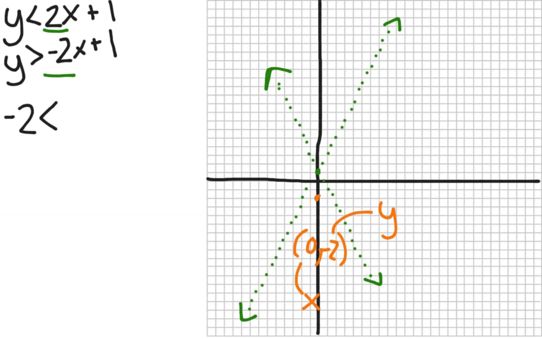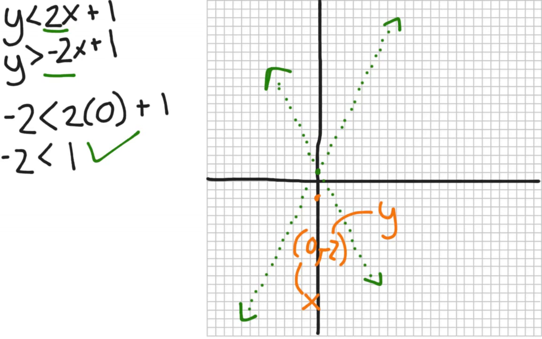It's less than 2 times 0 plus 1. -2 is less than 1. And that's great. That works for that inequality. But I'm not done yet. I have to test my other inequality.